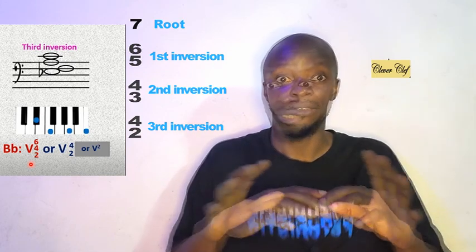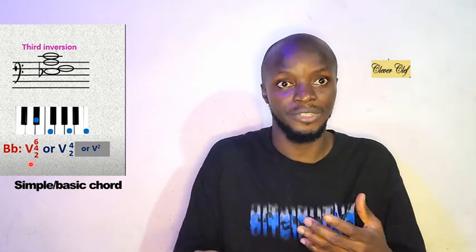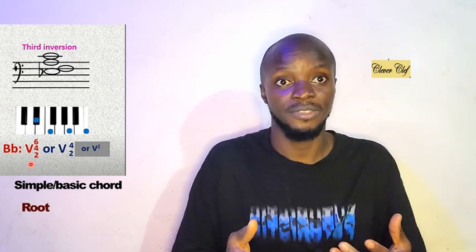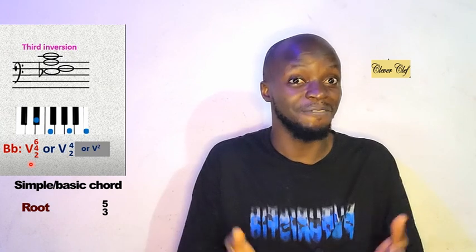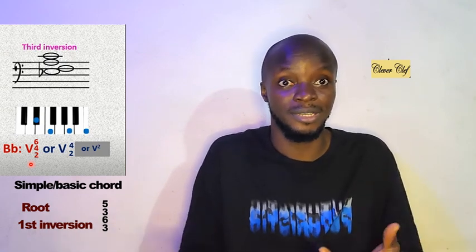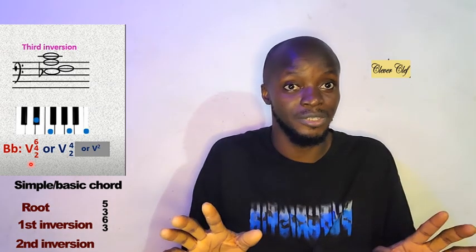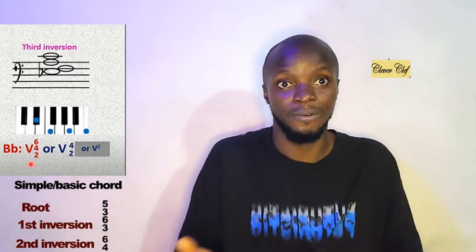So in summary, taking everything together, if it's a simple chord, you call the root position 5-3. If it is the first inversion of a simple chord, you call it 6-3, or simply 6. And if it is the second inversion of a simple chord, you call it the 6-4 chord.